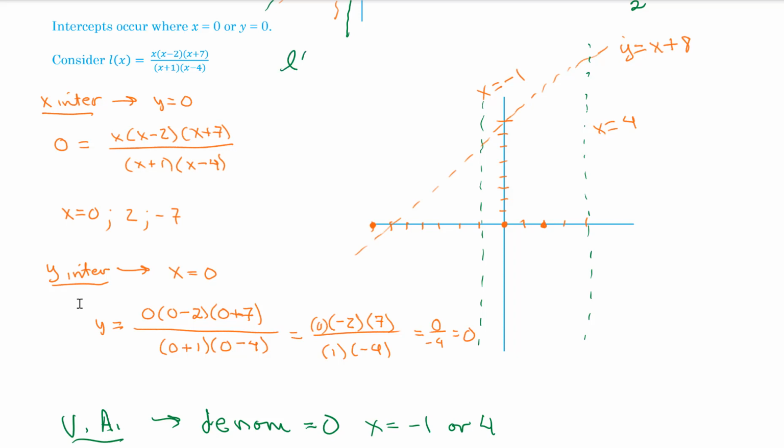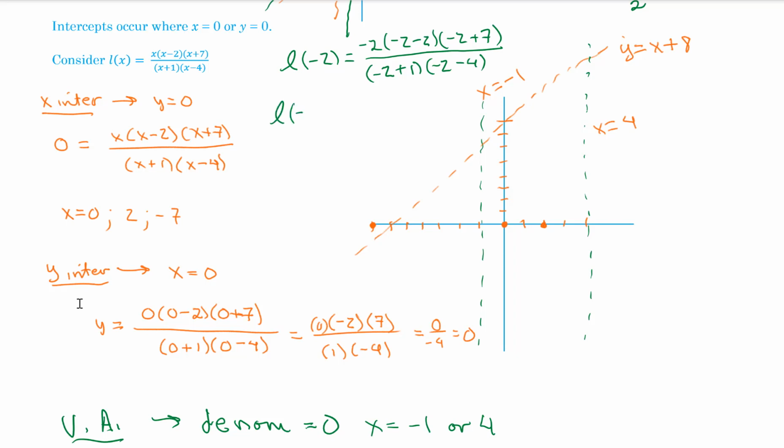Well, L of negative 2 is going to be negative 2 times negative 2 minus 2 and negative 2 plus 7. I'm just plugging in negative 2 for x everywhere, over negative 2 plus 1 times negative 2 minus 4. Okay, so let's clean this up.